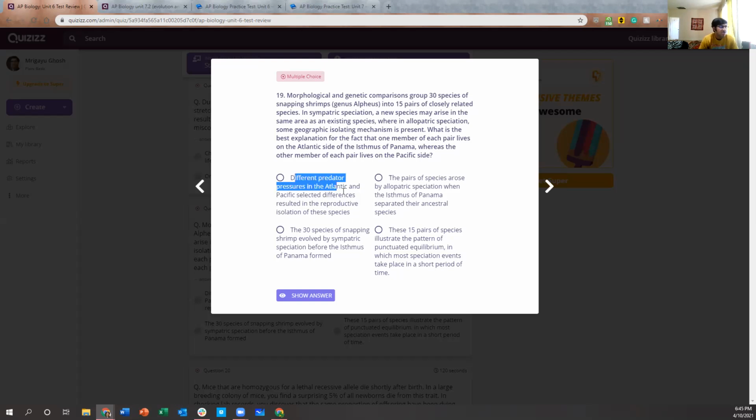Different predator pressures in the Atlantic and Pacific selected differences resulting in the reproductive isolation of these species. That could make sense, I guess.